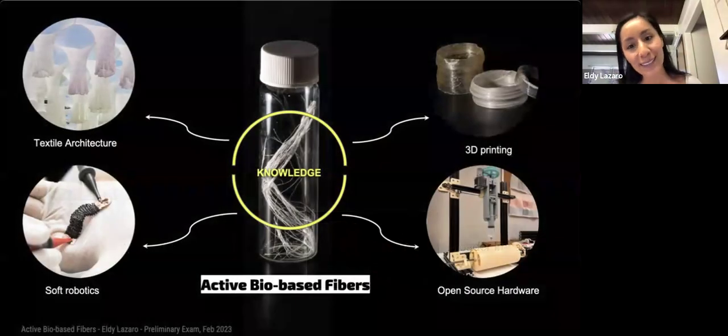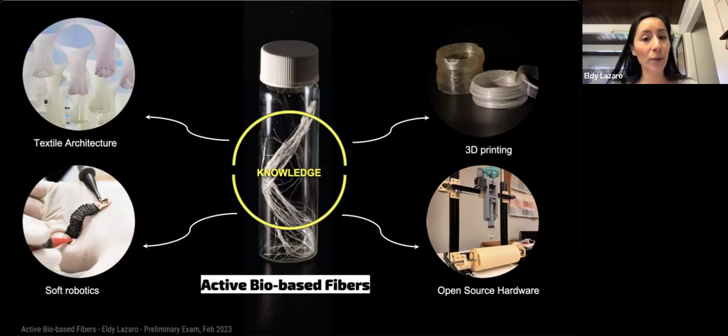I use a slide that I presented in my second year of my PhD, about how I imagine the broader impact of these biomaterials, in this case bio-based fibers. Because of the material properties I saw back then in the biomaterials, and all the opportunities they brought to the design and fabrication space, I imagined that all the knowledge gathered could be used for innovating 3D printing materials, for instance.